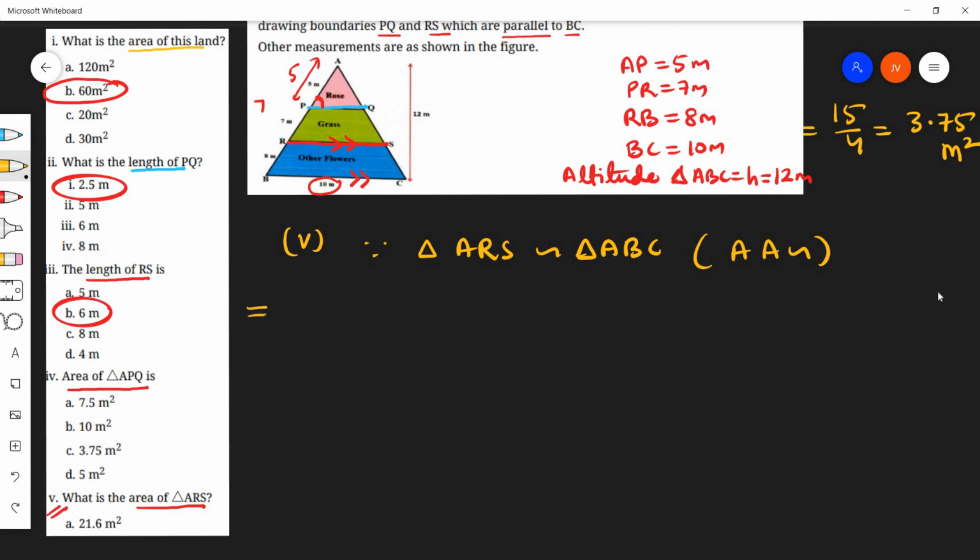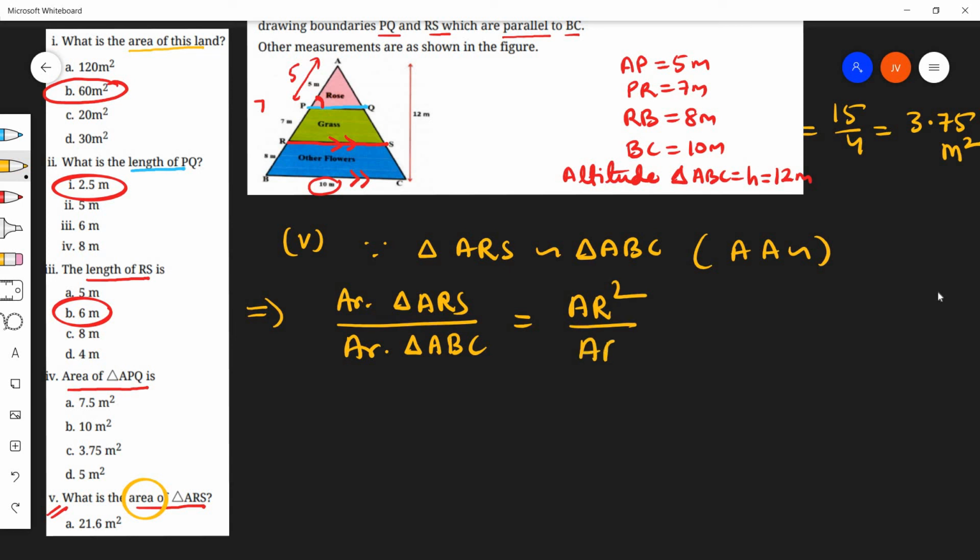And because the triangles are similar and the question is about area of ARS, we will use the theorem that the ratio of areas of two similar triangles is equal to the ratio of squares of their corresponding sides. So area of ARS by area of ABC is equal to AR square by AB square. This is by the theorem statement.